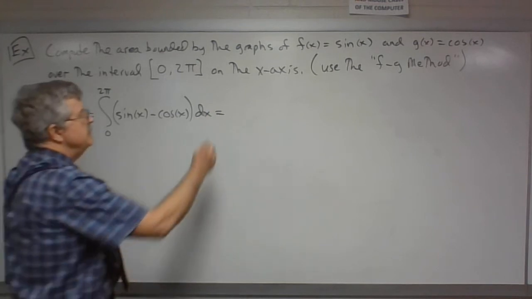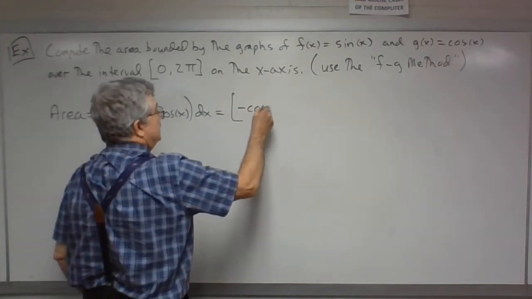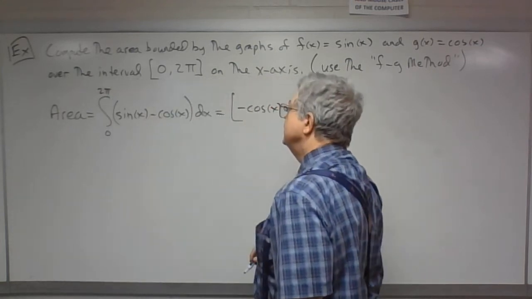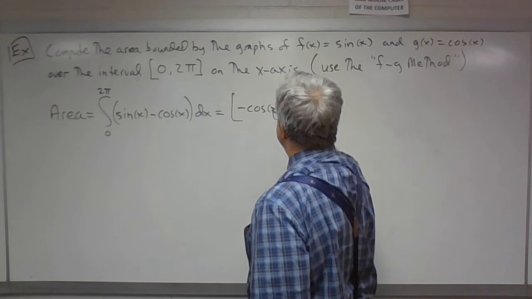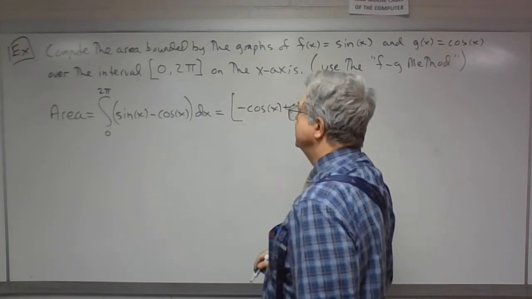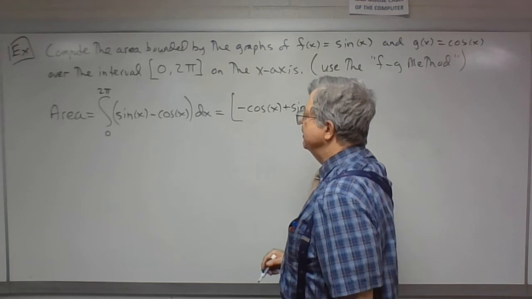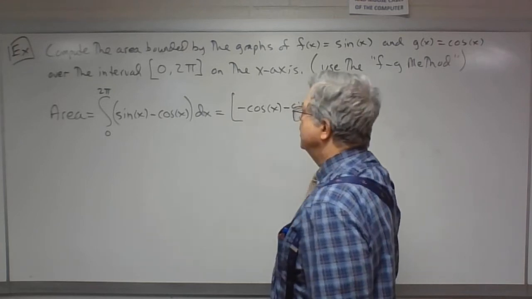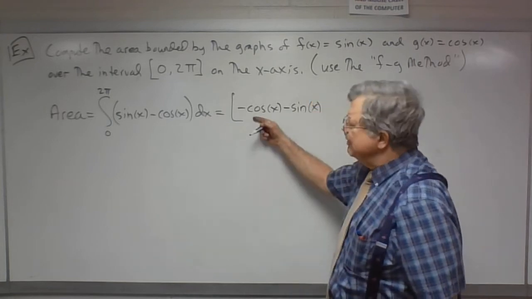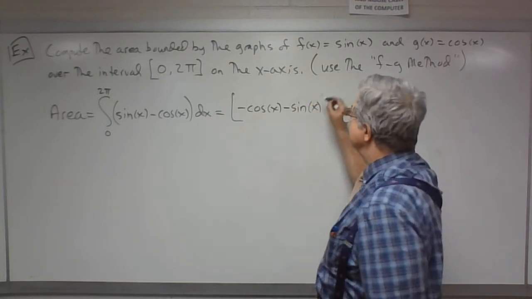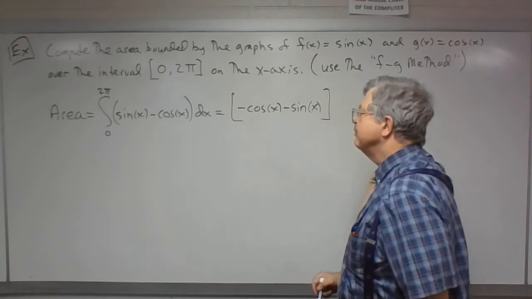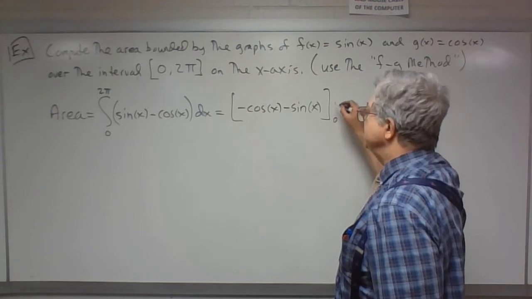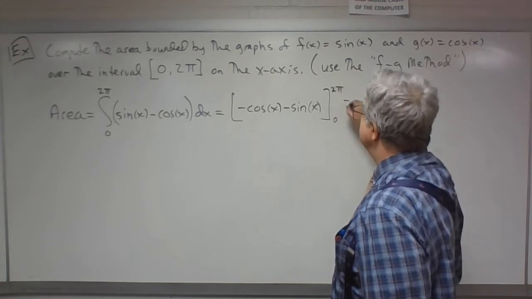The antiderivative: negative cosine of x minus sine of x, yep, from x equals 0 to 2 pi.